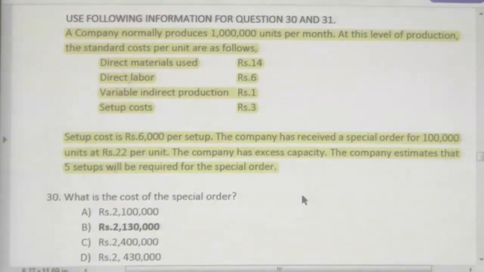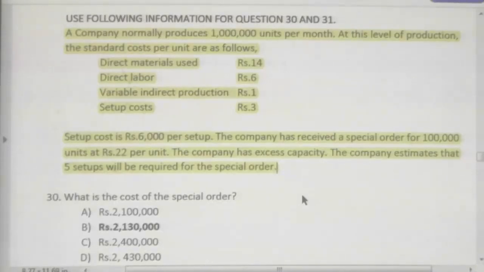At this level of production, the standard cost per unit, that means how they have set their standard per unit: direct material, direct labor, variable indirect production, and setup cost. They have calculated direct material 14, direct labor 6, variable indirect 1, setup cost 3.